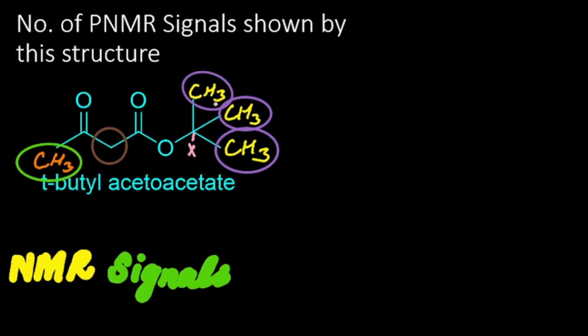Yes, all the hydrogens in these 3 groups have the same chemical environment, so they will give the same chemical shift value. It means they will give the same type of signal in the proton NMR, except that their integration value will be 9. So all these 9 hydrogens are of HA type. It means they will give one signal in the proton NMR.